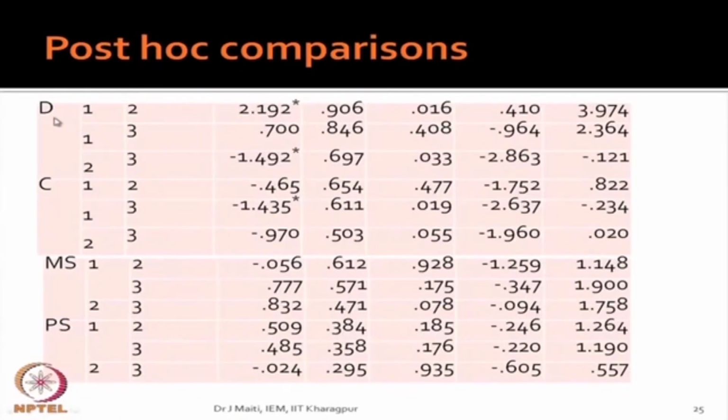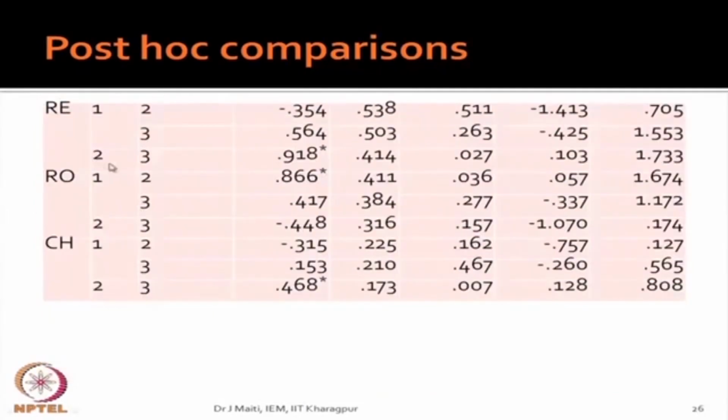So, from the demand point of view, officers and maintenance workers differ, and maintenance workers and operations workers differ, but between officers and operations workers the difference is not significant. Similarly, from the control point of view, officers and operations workers differ. For management support and peer support, although we found some absolute differences in values, statistically none of them are significantly different at alpha, the 0.05 level of significance.